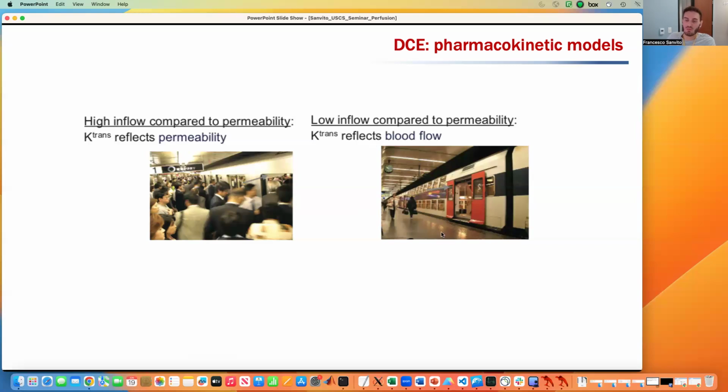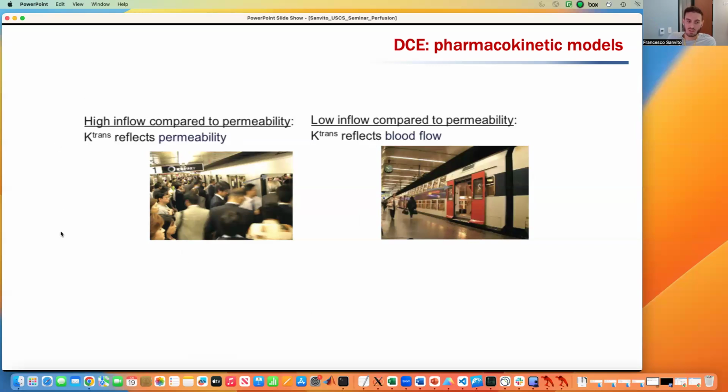The system can be permeable, but I have no way of measuring that. It's just as in a certain area of the brain, there is a lot of permeability of the blood-brain barrier, but there is very little blood getting there or very little contrast agent getting there. So in those cases, the Ktrans doesn't necessarily reflect permeability.